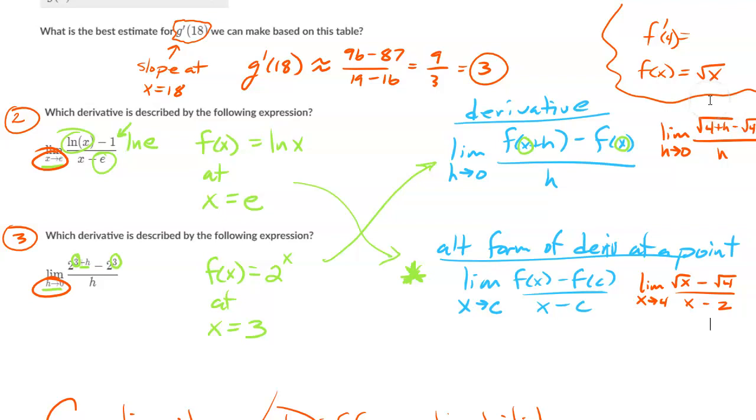I guess that's why I call it the alternative form of derivative at a point. The top equation works for finding a derivative, which is an equation. A derivative can find you a slope at any spot. The bottom one can only find you the derivative at one x value, so the answer would always be a single number.